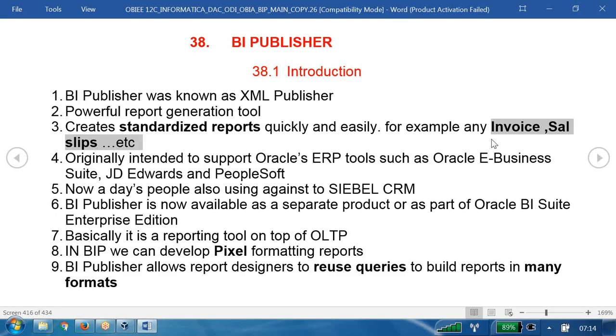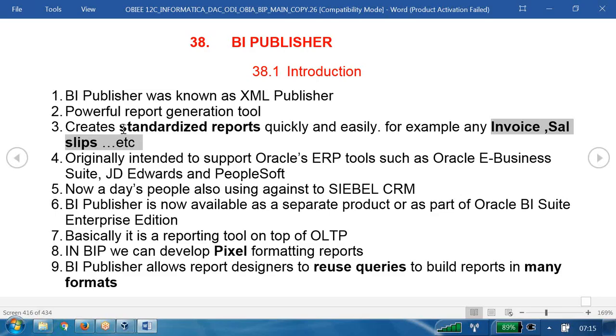Country to country the standards may change, but as long as it is the same country, most employees' salary structure format should be the same, which is defined by the government. That kind of standard reports we can develop very easily by using BI Publisher.